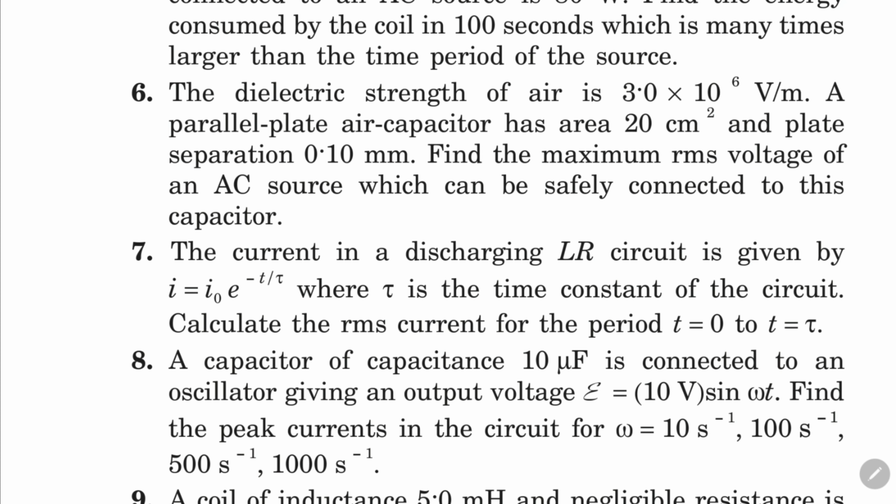In question 7, the current in a discharging LR circuit is given. We need to calculate the RMS current for the period t equal to 0 to t equal to tau. So this is the seventh one. Current is given like this.